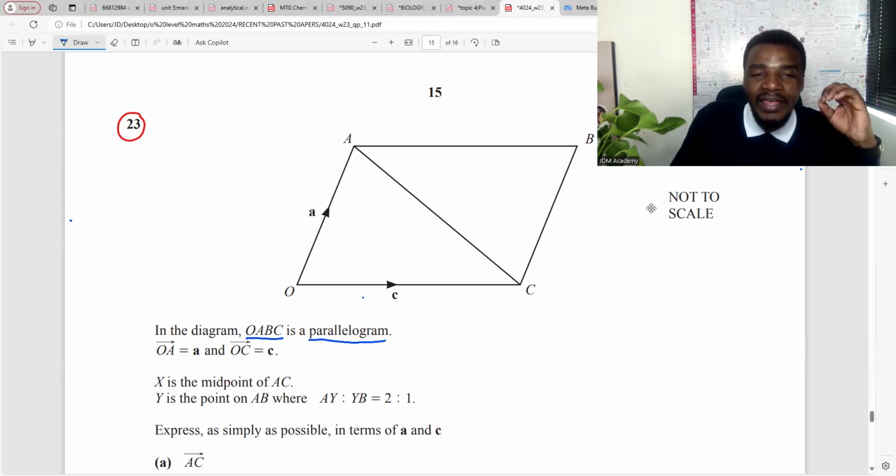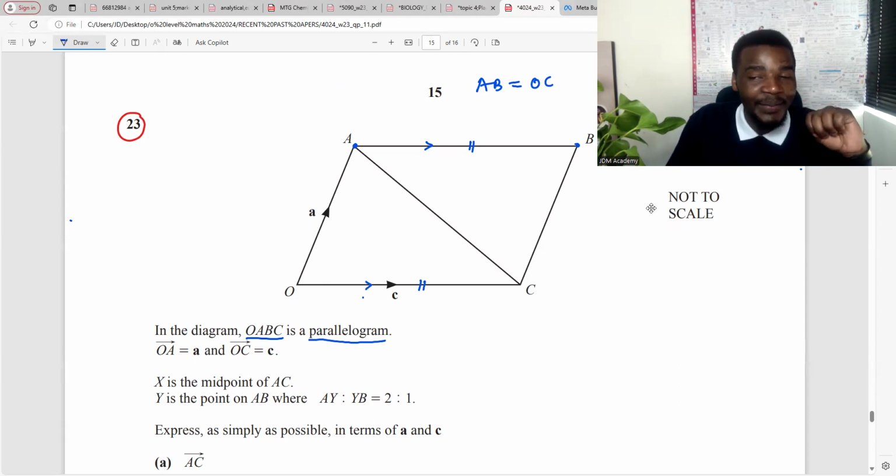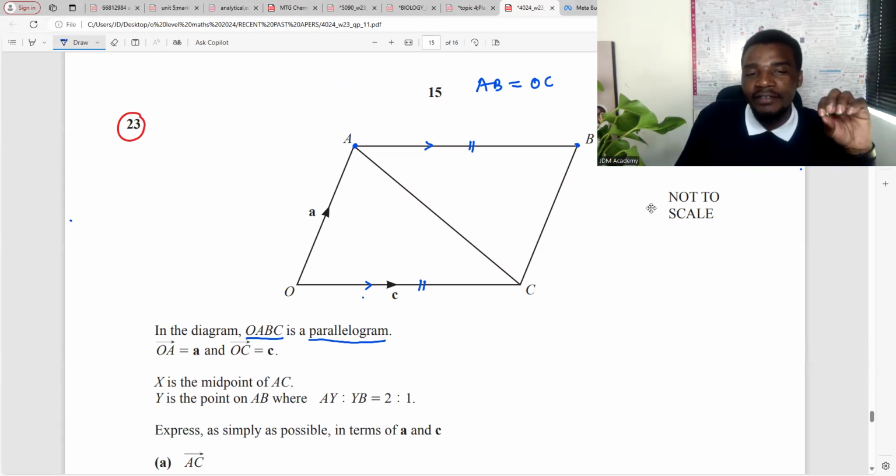We know that the length of line AB is equivalent to the length of line OC. And also remember, line AB and line OC are parallel. So if these lines are parallel and of the same length, it means vector AB is also equal to vector OC.